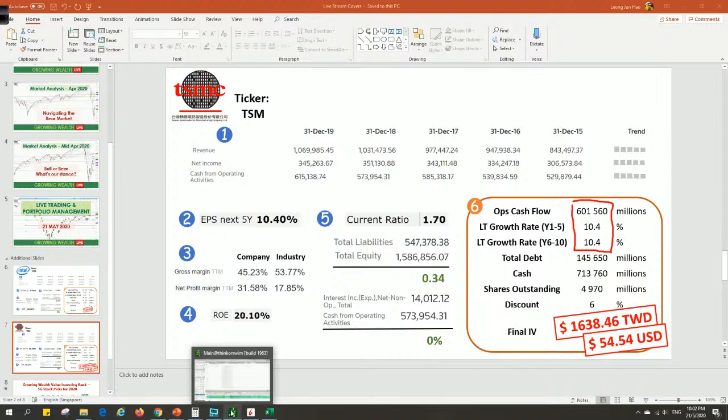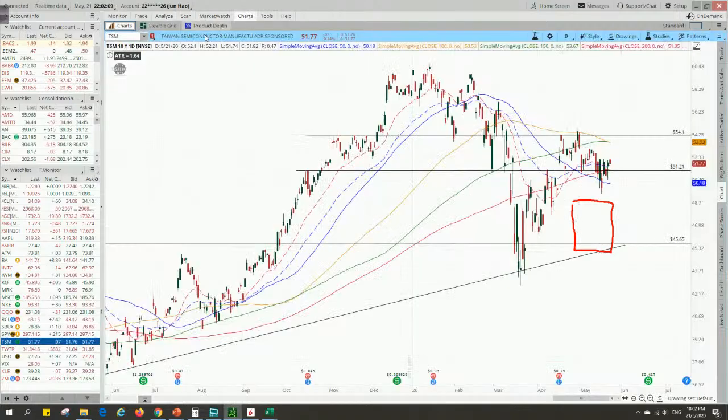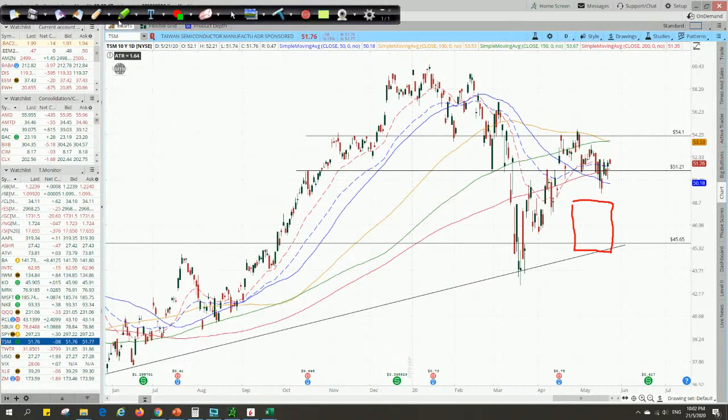And having a higher intrinsic value, since TSM is only at $51, what can we say about that? We can say that TSM is at undervaluation. So which is why I think there is room for growth on this stock, and also adds on to the reason why I want to execute a diagonal spread for this stock.